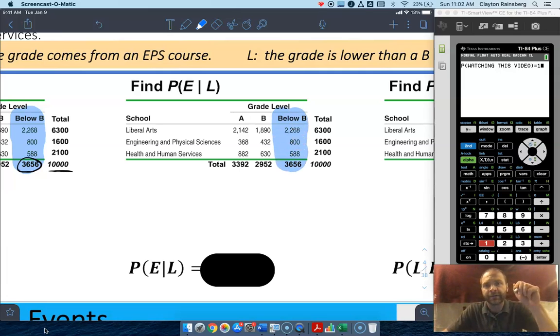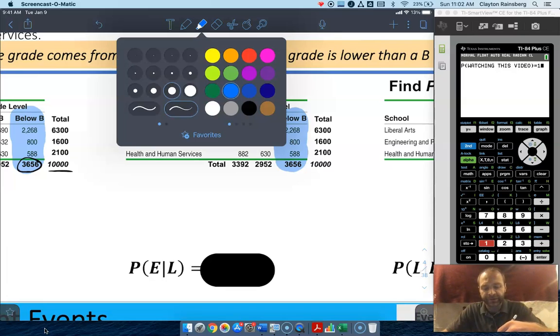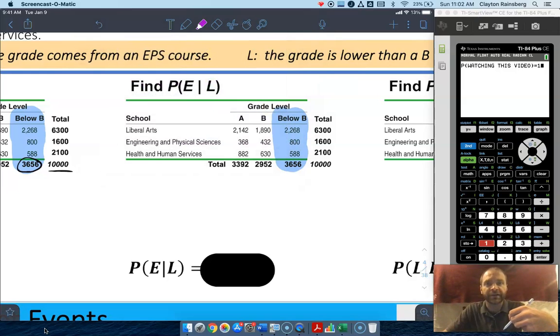Given that a grade lower than a B already occurred, what's the probability that it came from an engineering and physical sciences course? That would be this row right here. When I look at this, notice there's an intersection there. We can see that 800 students in engineering and physical science courses received a grade lower than a B. So now we know 800 is probably going to be the number in the numerator.